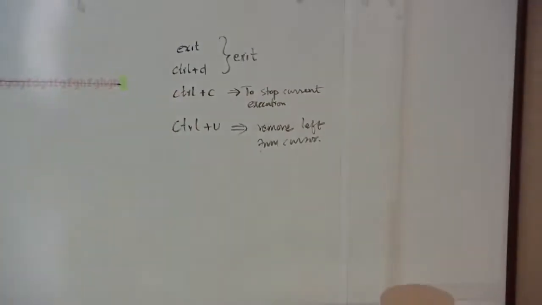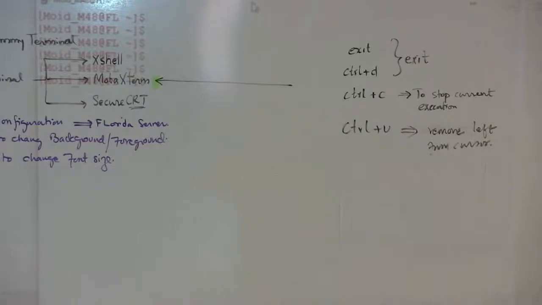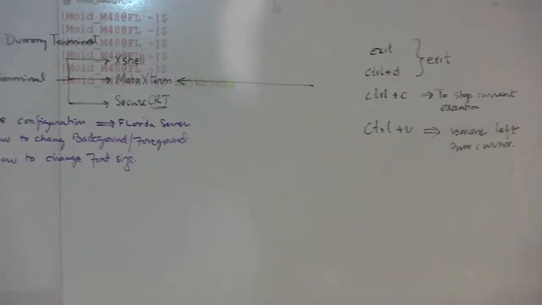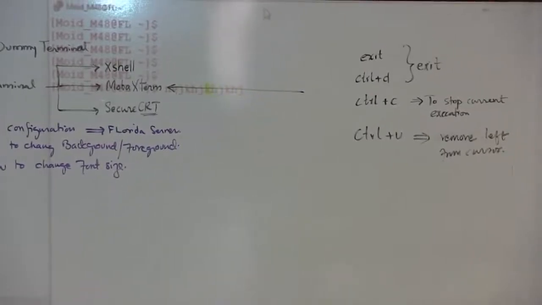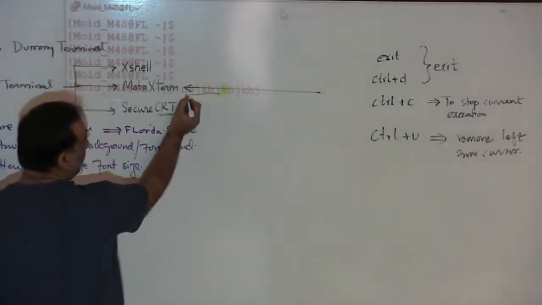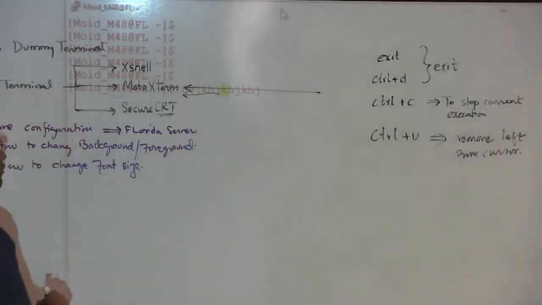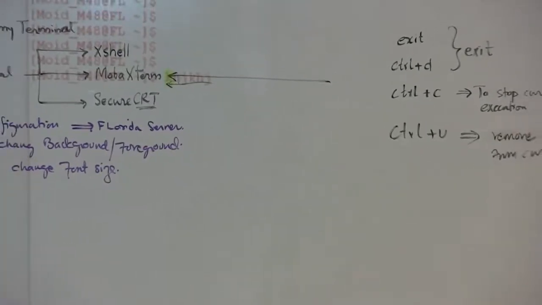If you use Control U, everything to the left of the cursor will be removed. So let's say you have something in here and your cursor is right here. Now if I use Control U, everything from the cursor to the left will be removed. So let's try this. Control U, and everything before the cursor is removed. Okay?